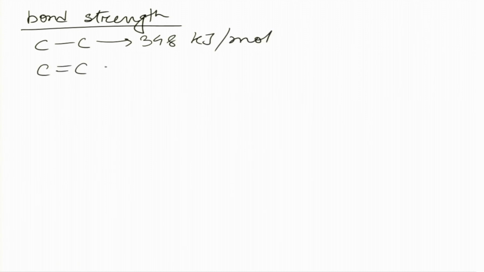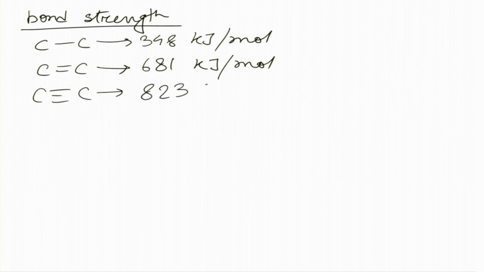C double bond C will have a bond strength of 681 kilojoule per mole, and C triple bond C will have a bond strength of 823 kilojoule per mole. So, obviously, the triple bond is stronger than double and single bonds.